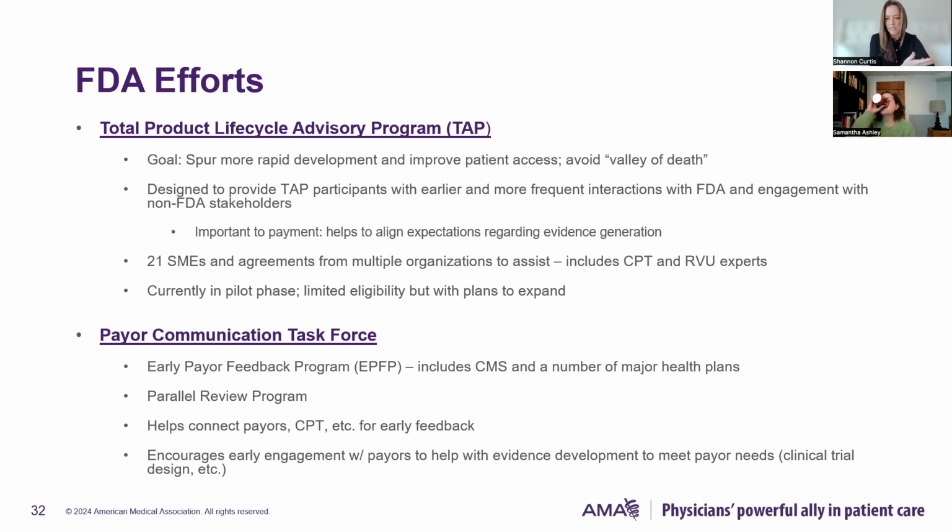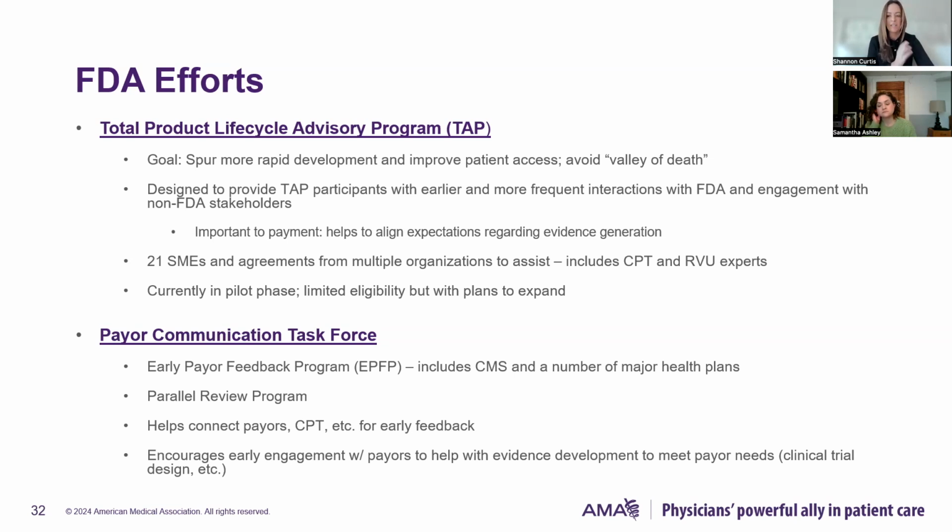This also encompasses the parallel review program. That program's been around for a really long time. It encompassed this notion of going through both FDA review and CMS review for payment at the same time. I will say that has been an extremely underutilized program. Federal agencies are not necessarily known for their great interagency communication, which has really challenged that program over the long run.